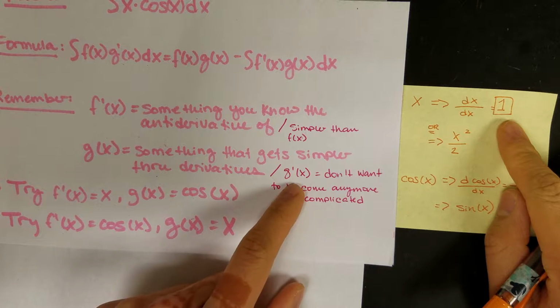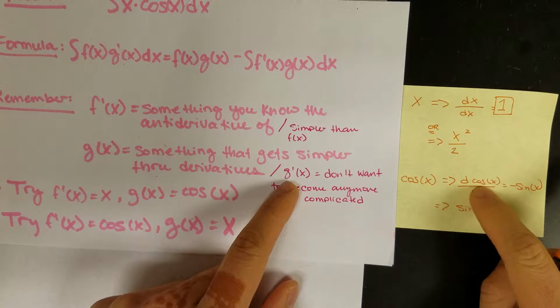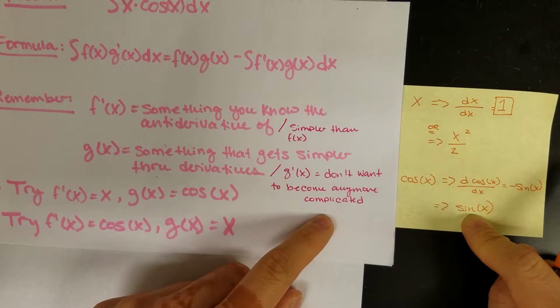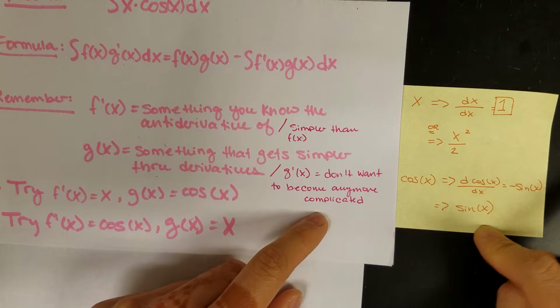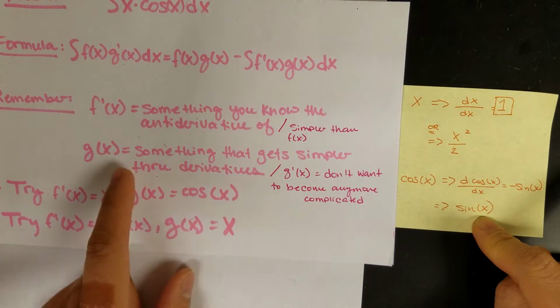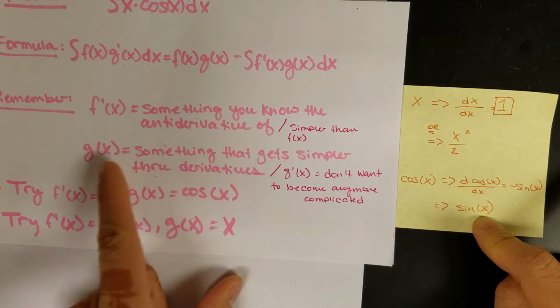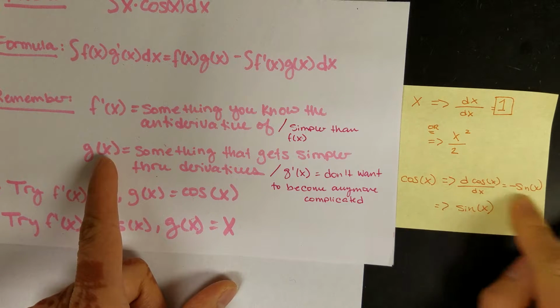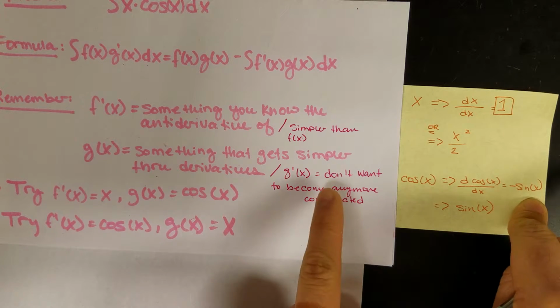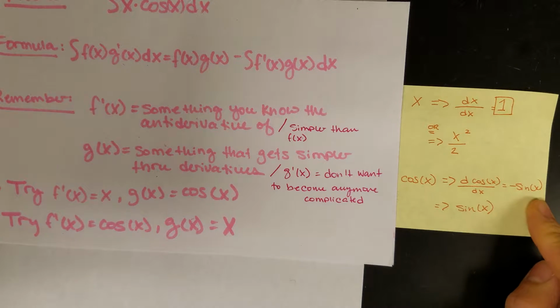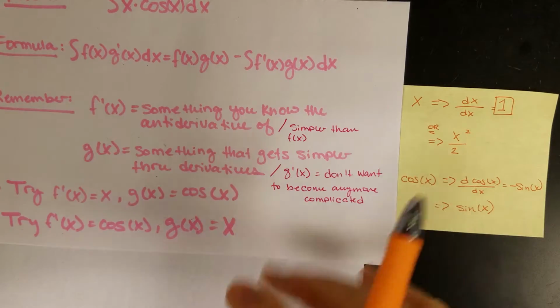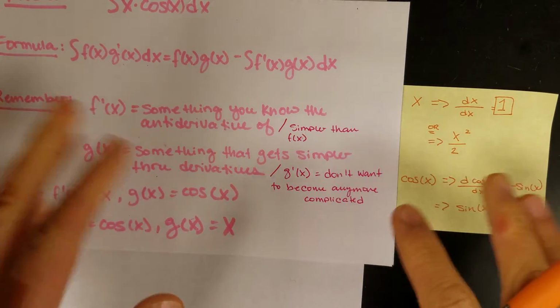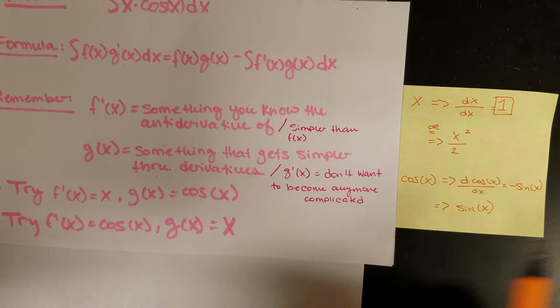And we would want g prime to be cosine, because if you integrate it, it doesn't become any more complicated. And when you take the derivative of cosine, it doesn't get much simpler either. It stays within the same range of hardness.